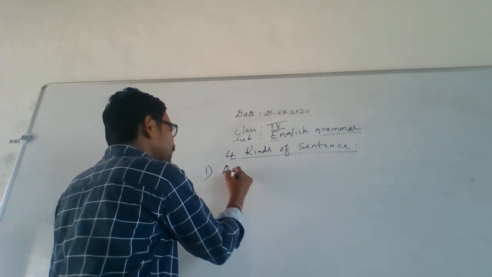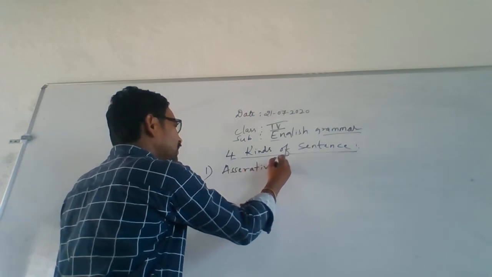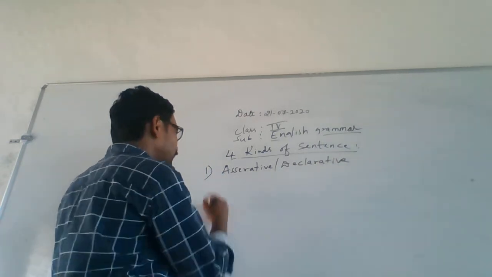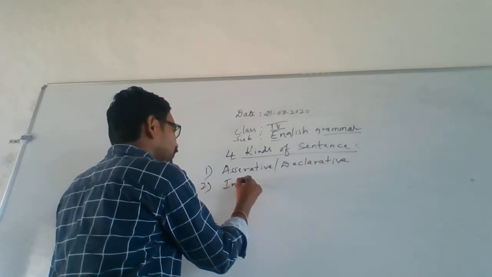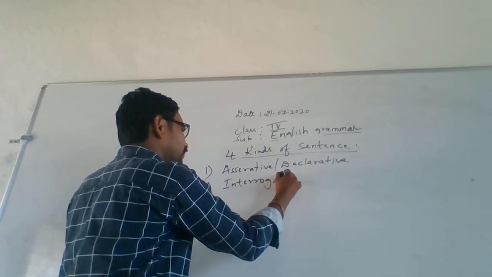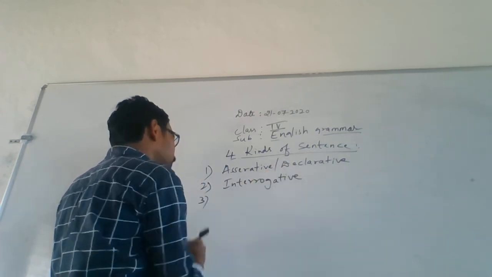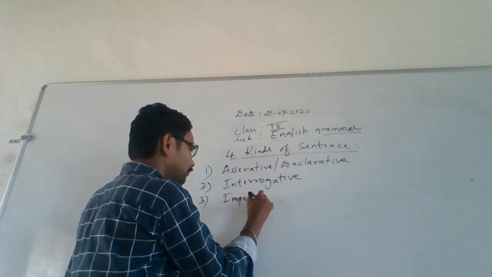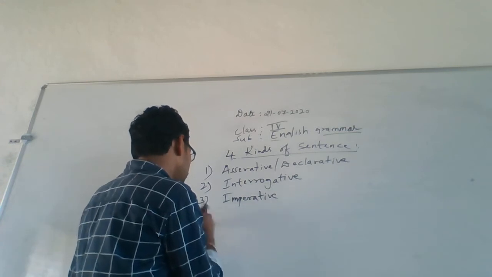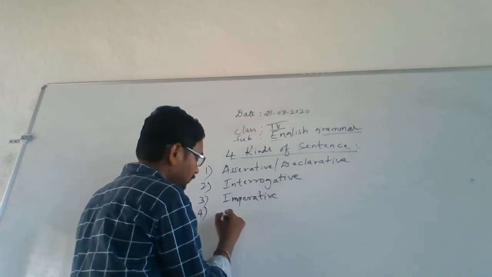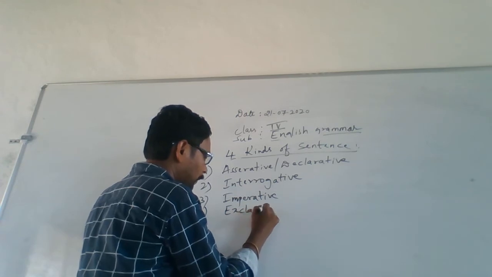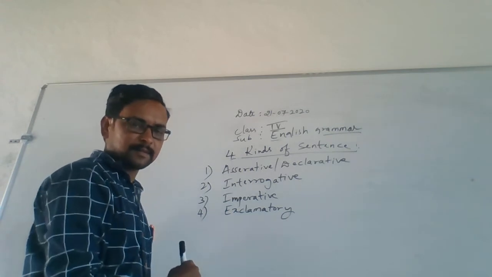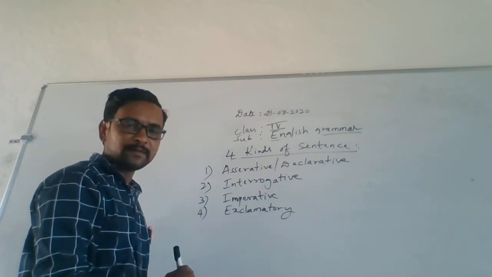First one is assertive or declarative. Then interrogative. Third one imperative. Then exclamatory. One more is there, that is a negative sentence.